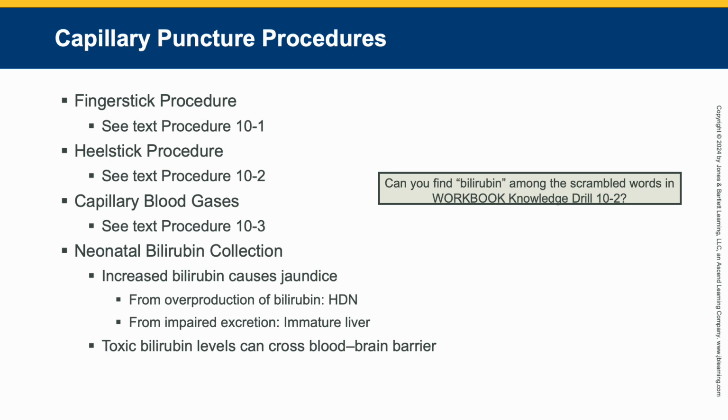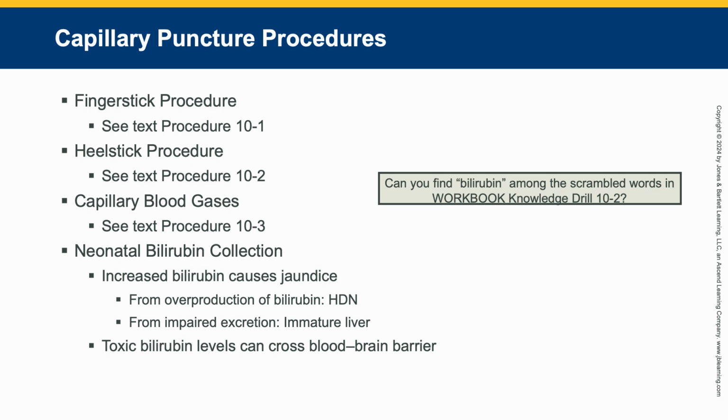Neonatal bilirubin collection. Why do we need to do this? This is the main reason why babies in the NICU or the nursery get stuck a lot. So this is one test for sure that you need to know why they do it. Increased bilirubin on anybody can cause jaundice, but especially in our neonates and our babies.